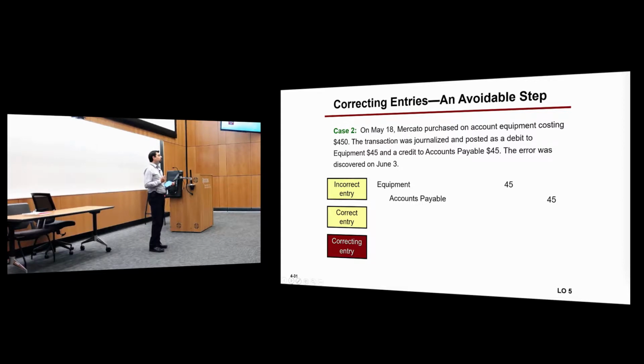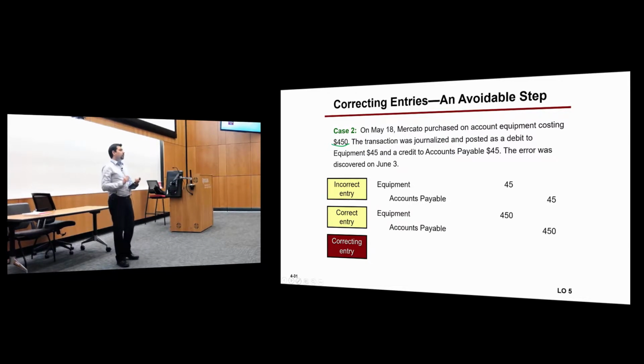The correct one would be what? It's supposed to be a debit to equipment for 450 and a credit to accounts payable 450.